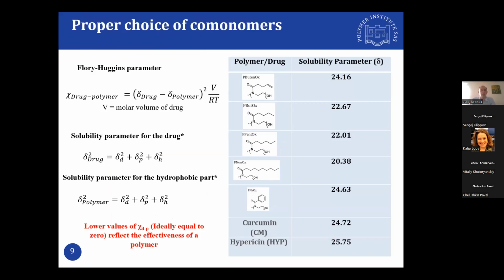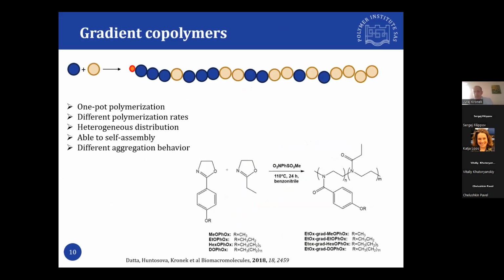You can see here a comparison of solubility parameters of different polyoxazolines and hypericin, and you can see that the highest proximity and highest similarity you can find in aromatic copolymers of oxazolines, but there is still a difference between the solubility parameter of hypericin and the polymers.